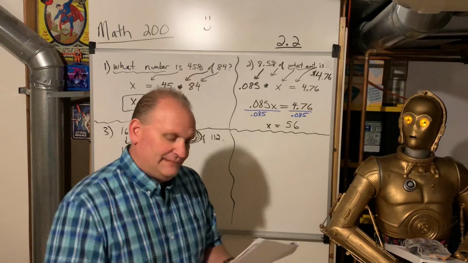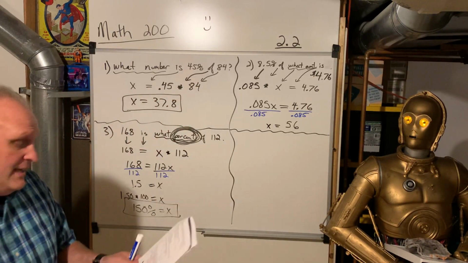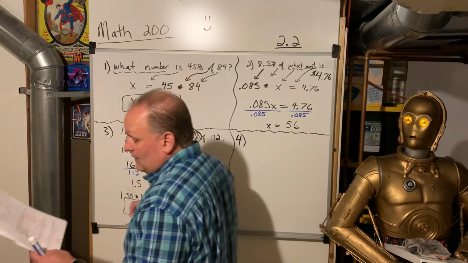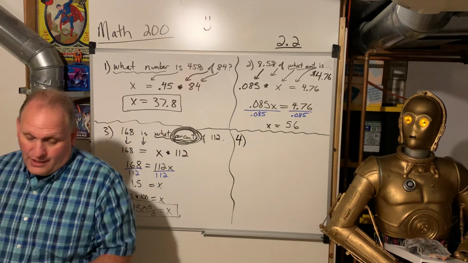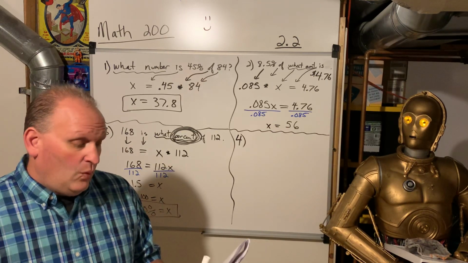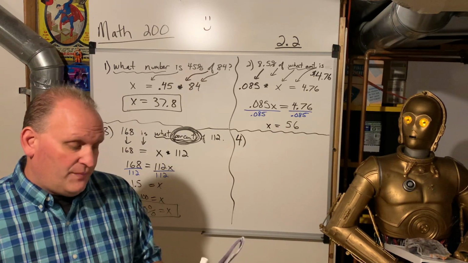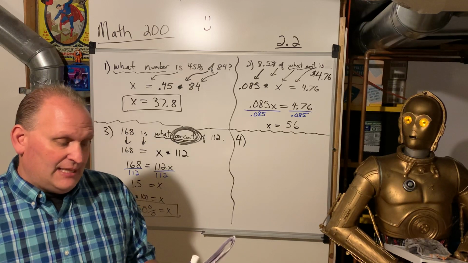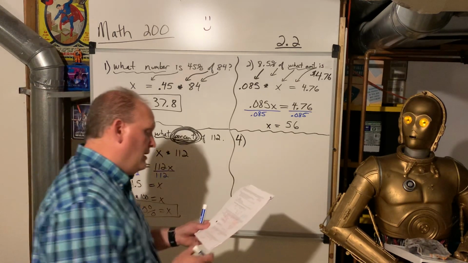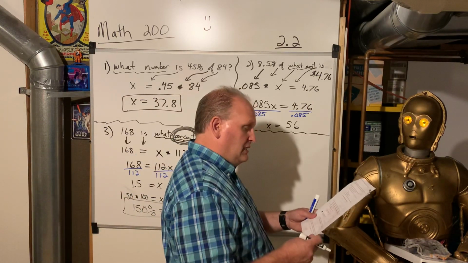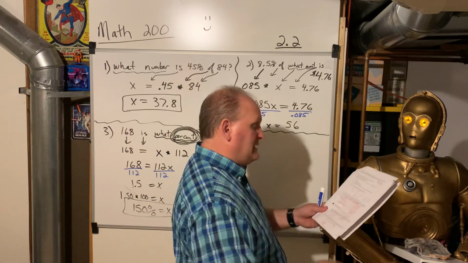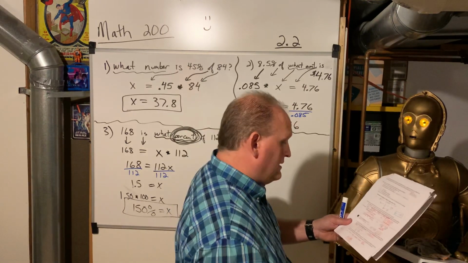All right. Okay, so then 4. The label on Audrey's yogurt said 1 serving is 12 grams of protein, which is 24% of the recommended daily allowance. What is the recommended daily allowance? Okay, so it says 12 is 24% of recommended allowance.